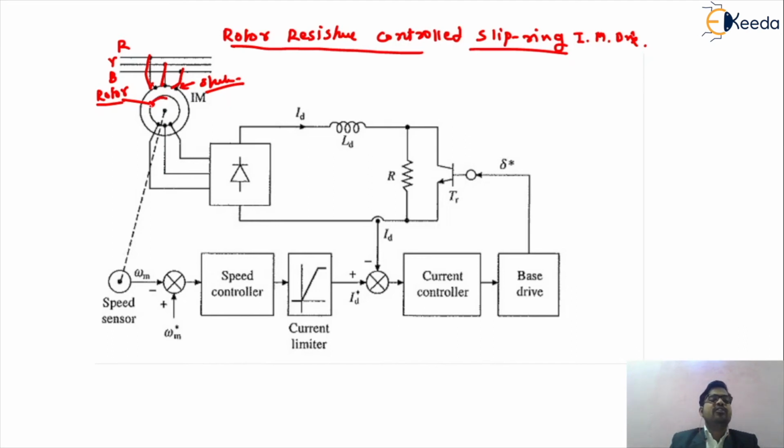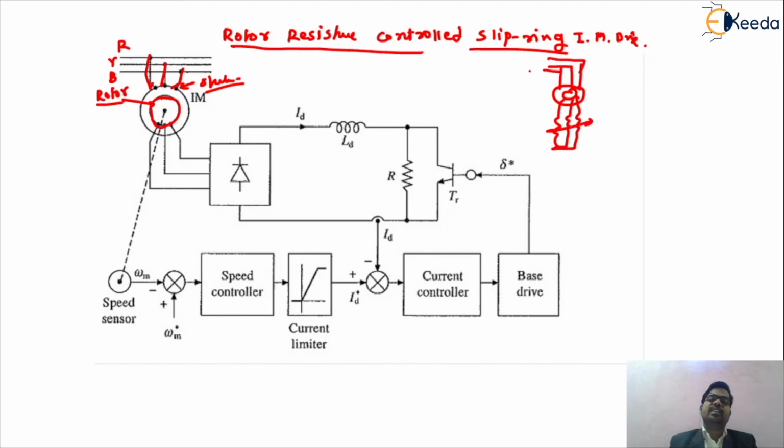So this is the rotor circuit, and I can draw a simple circuit. In that rotor circuit we are just connecting a resistance. These are the variable resistances. This is the supply.